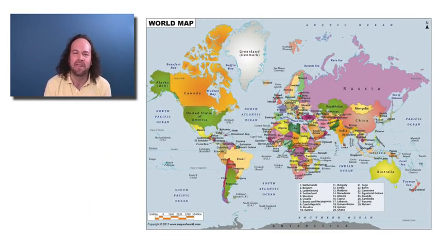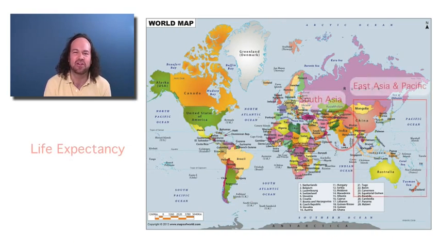Let's remember that map of the world and how we had different regions. And in particular, we considered life expectancy in one region, East Asia and the Pacific. Another region was South Asia. And we could say, well, what's the difference in the life expectancies in those two regions? Well, in this case, we can start by remembering the facts and figures.